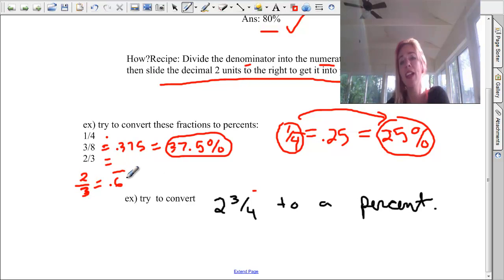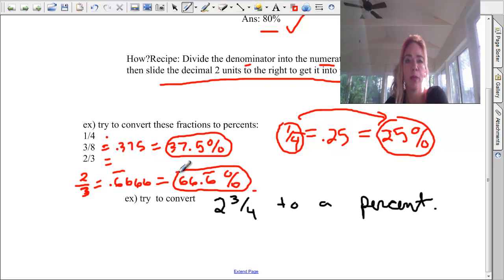So 0.666, right? And if you slide the decimal 2 to the right, you're going to have 66.6 repeating percent. So really close to 67%, rounded. So that's a majority.